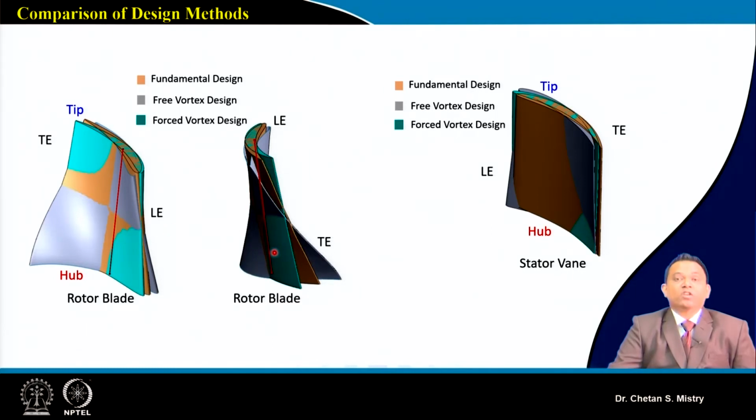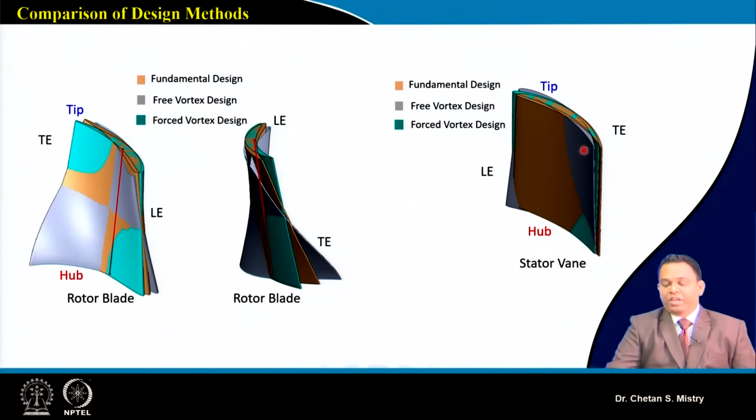In terms of comparison, you can understand my delta beta is coming to be lower, so the twist for my blade will be lower when we are using the forced vortex concept. For the free vortex concept, we realized near the hub region our delta beta is coming to be larger, and at the tip it is slightly lower, which gives a large twist to your blade.